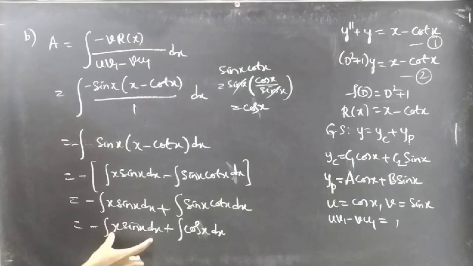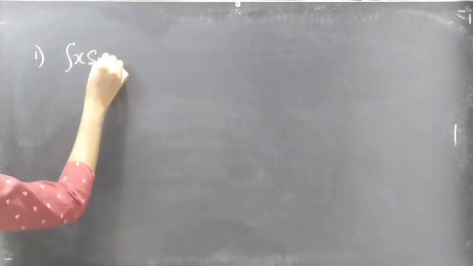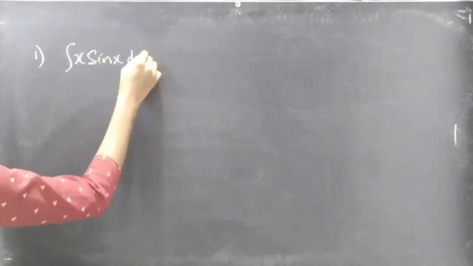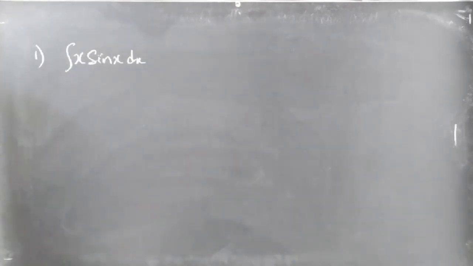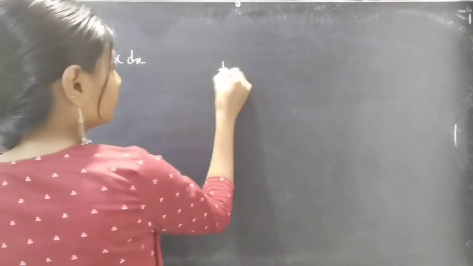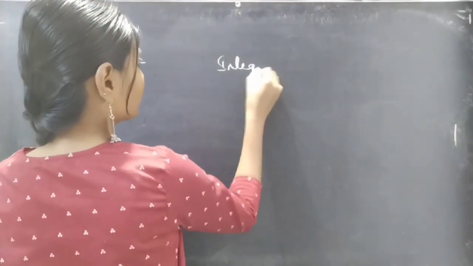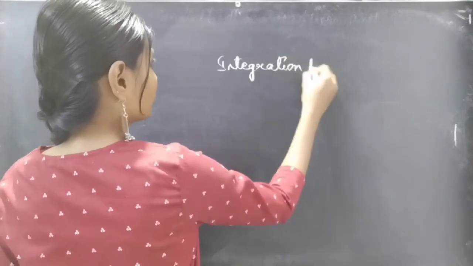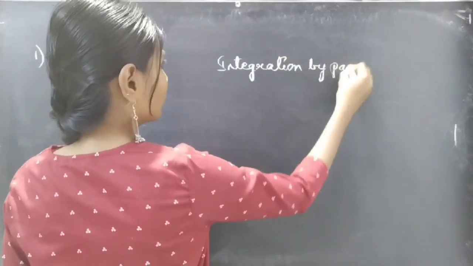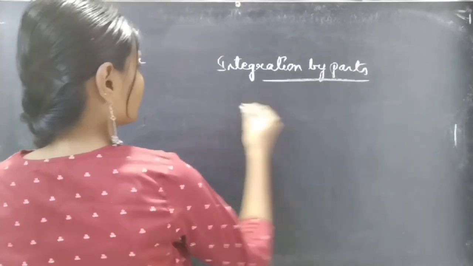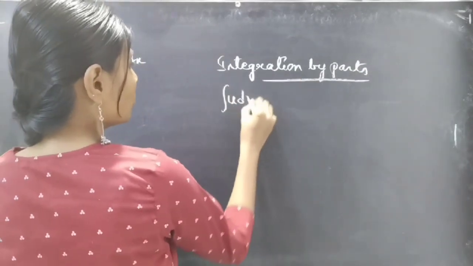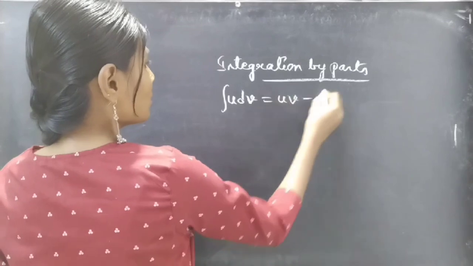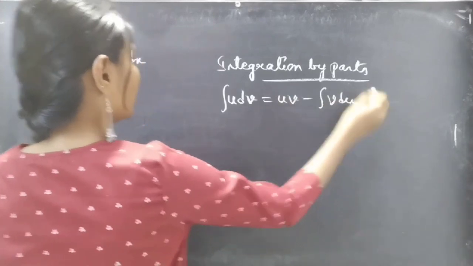Now evaluate the integral of x sin x separately. Let's evaluate the integral of x sin x. Here we are going to apply the integration by parts formula: integral of u dv equals uv minus integral of v du.